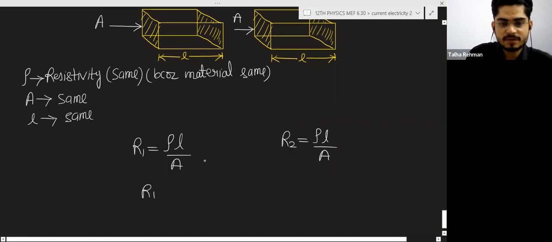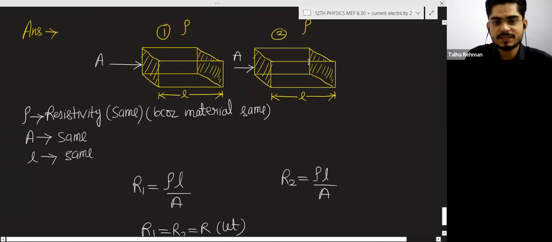So R1 equal to R2, I am supposing that R, means the resistance of this slab and this slab is same.